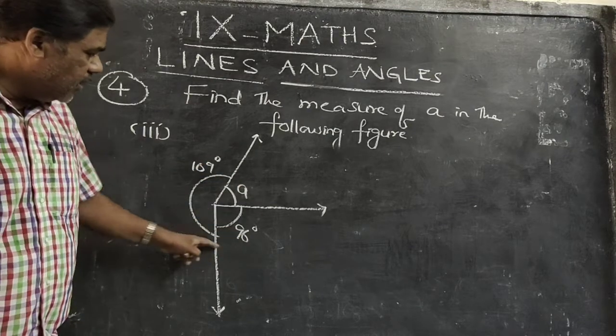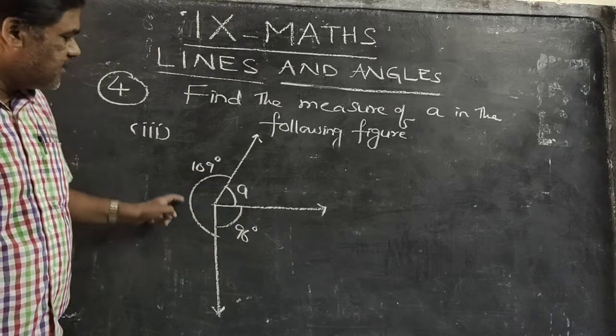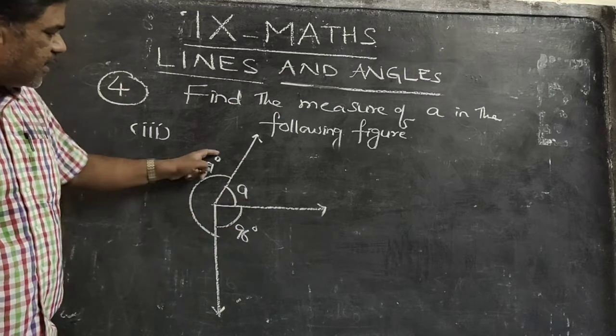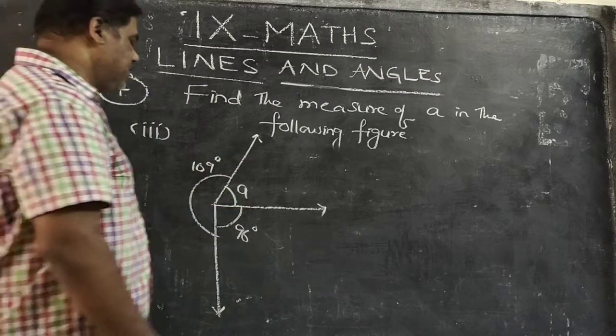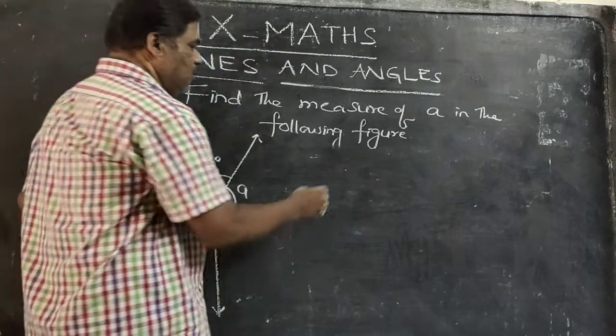If you add all the three, this is called angle at a point. Angle at a point will be 360 degrees. So A plus 96 and 109, if you add all the three, it should be 360 degrees. So using that property, we can find the A value.